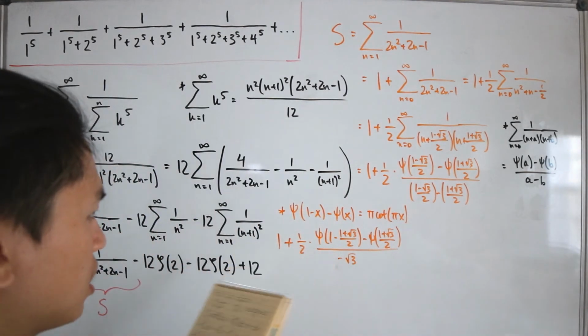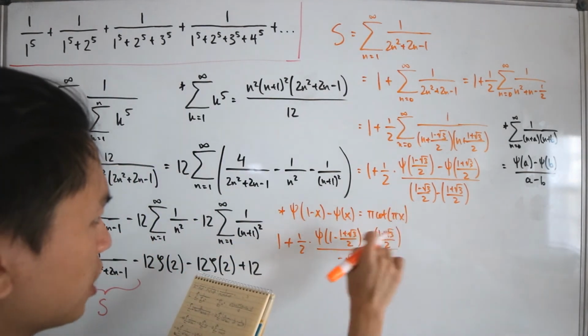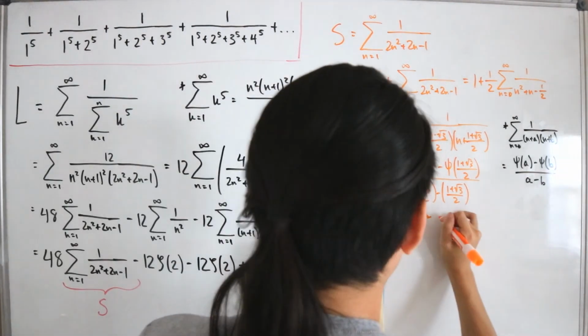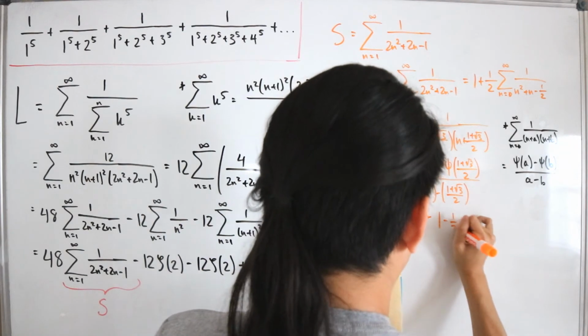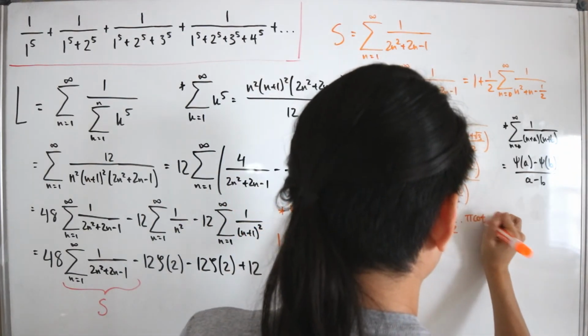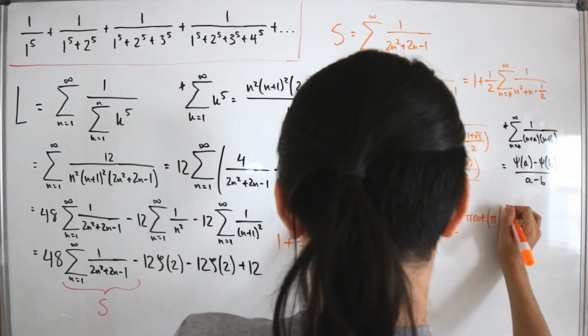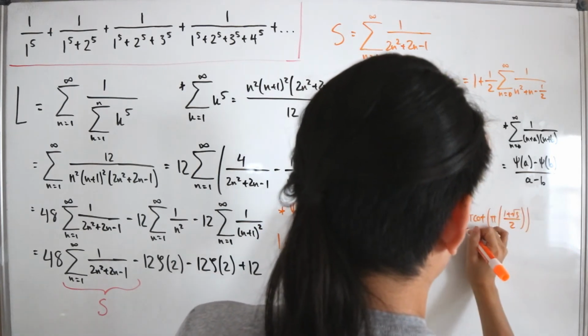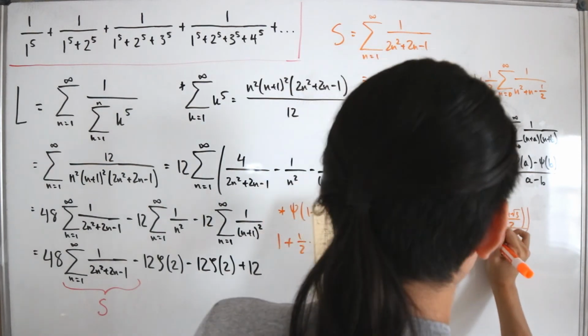But after applying the pi cotangent identity, I'll distribute the negative back into here. So then this is going to become 1 subtract 1/2, then multiply with pi times cotangent of pi times 1 plus the square root of 3 divided by 2, and then this being divided by the square root of 3.